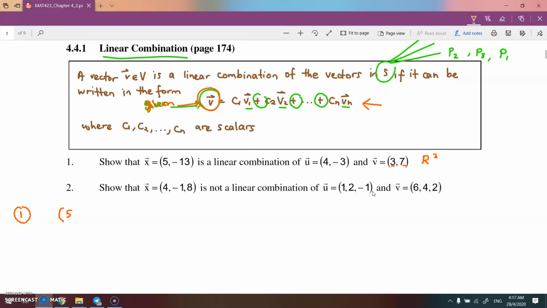So you get (5, -13) = C1 (4, -3) + C2 (3, 7). C1 is the scalar.